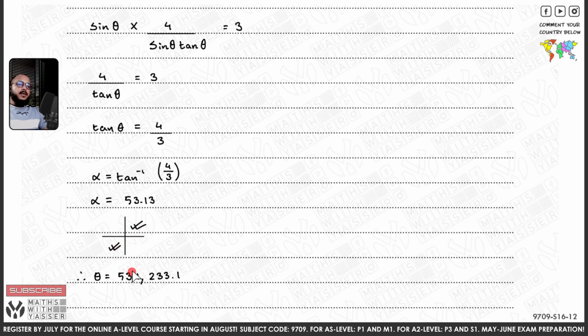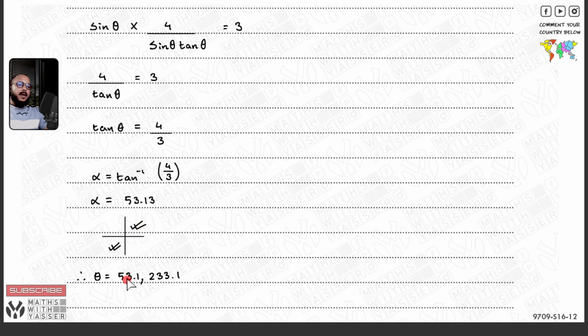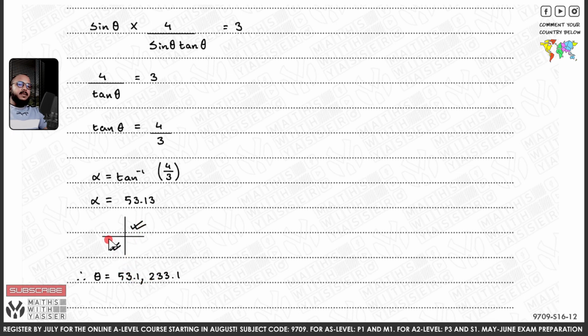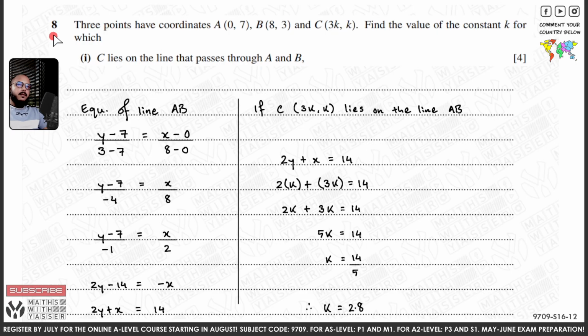So the first angle, which is the basic angle, is also the actual angle, and the other angle will be 180 plus the basic angle, which is 233.1.